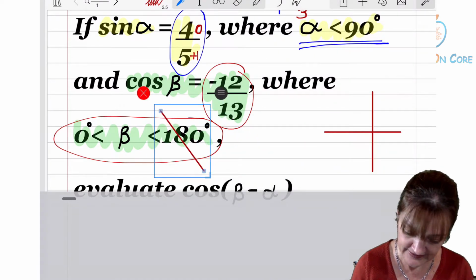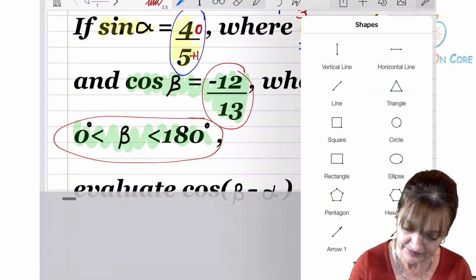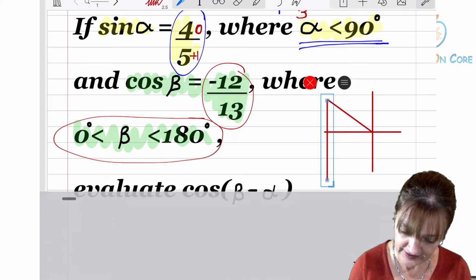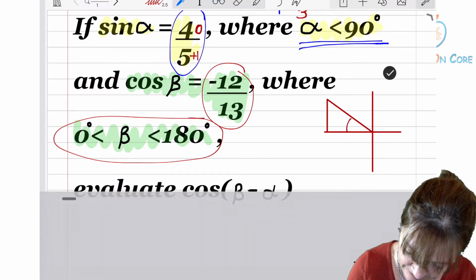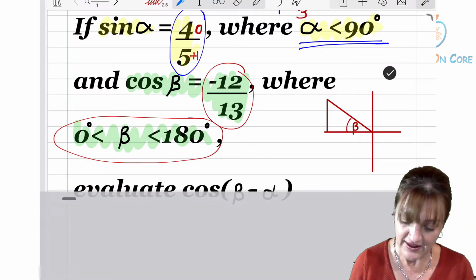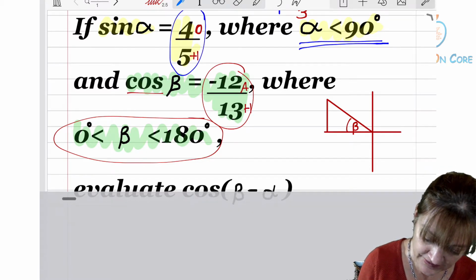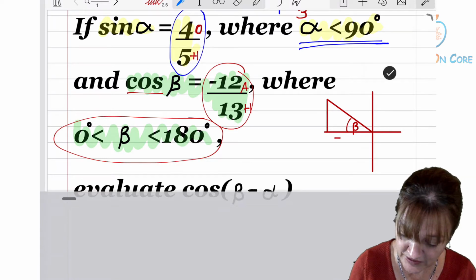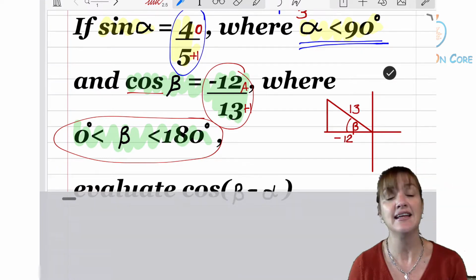Okay, so let's draw our triangle into the second quadrant, and we're going to put angle beta in standard position. Cos is the ratio of your adjacent over your hypotenuse. So this time your adjacent side is negative 12, your hypotenuse is 13.